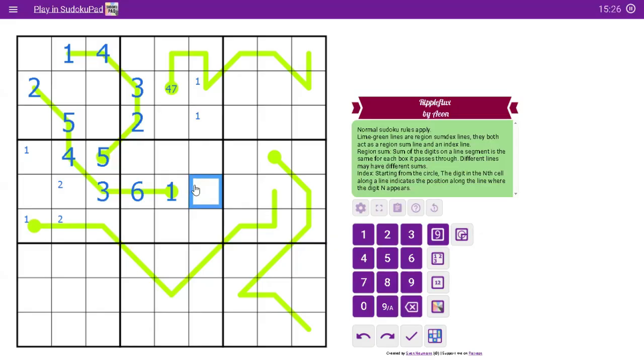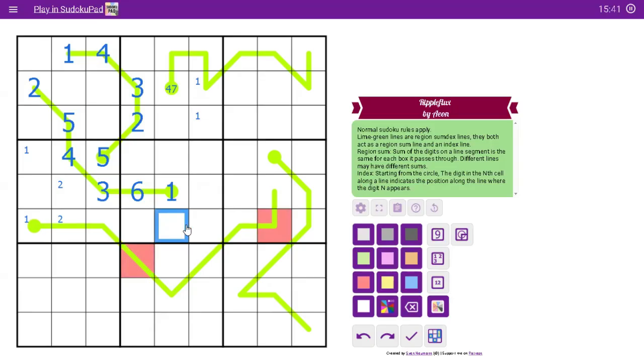Just show that you can't have a repeated digit on the line, because then 2 different cells would go. Like let's say you had this digit and this digit were repeated, like they're the same digit. Then let's say this digit is X. Okay, this is saying in the 4th position, right?